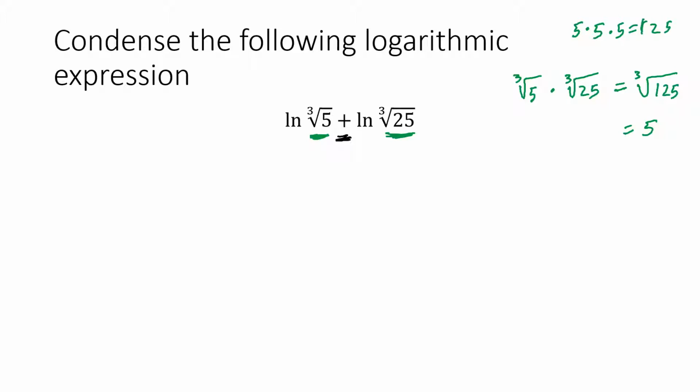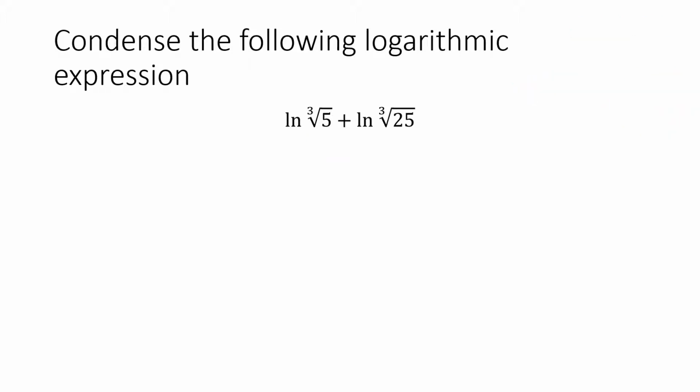So let's go ahead and continue reasoning this out. If we follow through, because it's addition, we're going to multiply our arguments. So what we have here is equivalent to the natural log of the cube root of 5 times the cube root of 25.